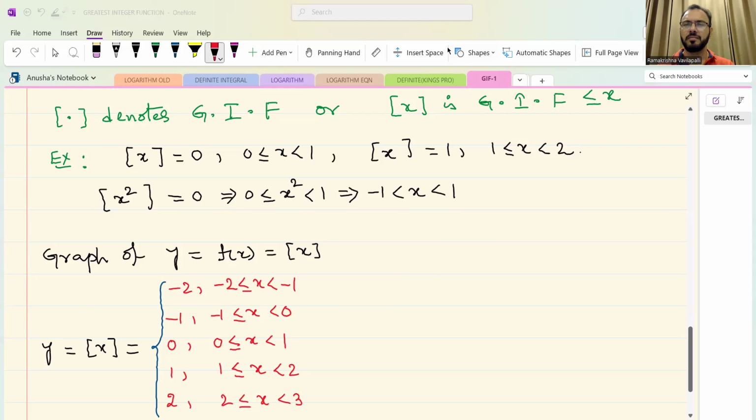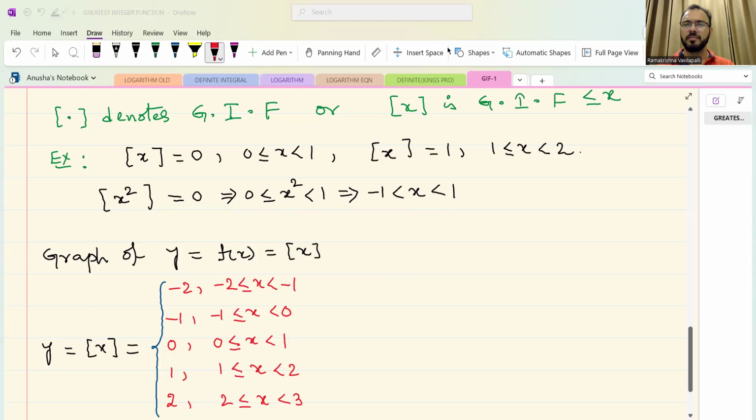So I would like to draw the graph of y equal to 0 now. The graph of y equal to 0 lies on the x-axis. So here, like this. Keep the circle at 1 because 1 is not included, whereas 0 is included. So y equal to 0 lies on the x-axis.